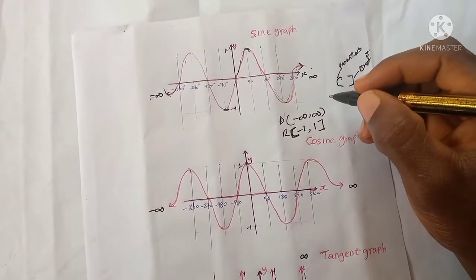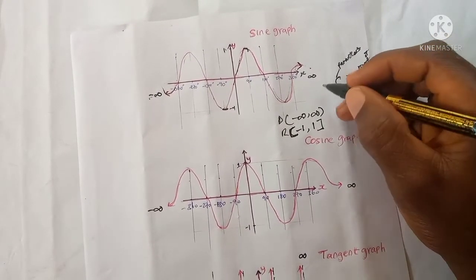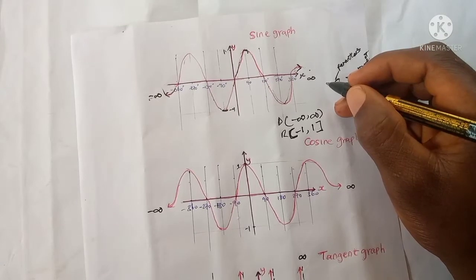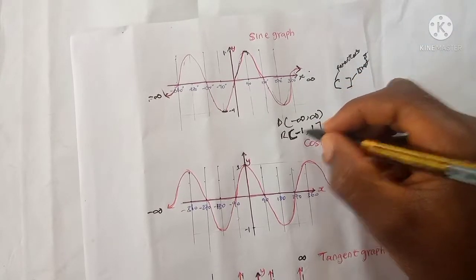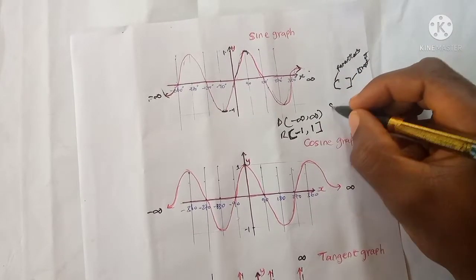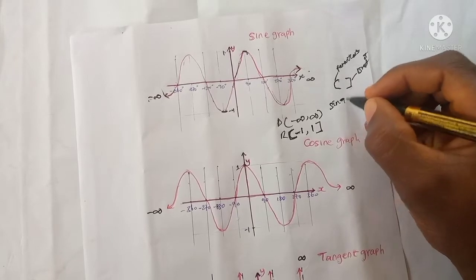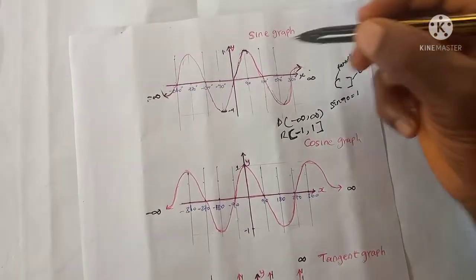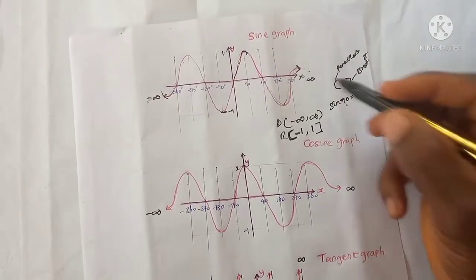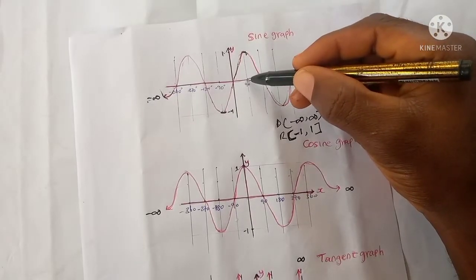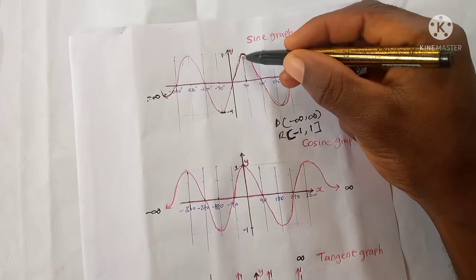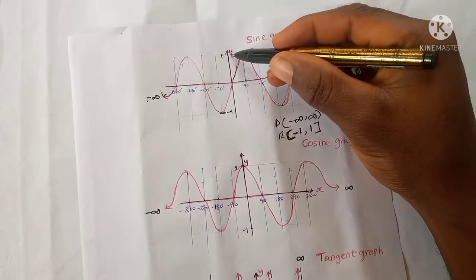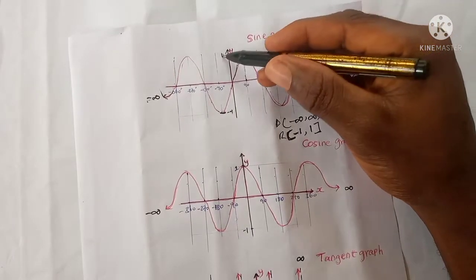What this is clearly telling us is that for any value of x or theta you plug into sine, the outcome, which is the range, is going to be between negative 1 and 1, because sine 90 is equal to 1. And how is it that sine 90 is 1? If you follow this line for sine 90 and trace it to the y-axis, you find that sine 90 is 1.